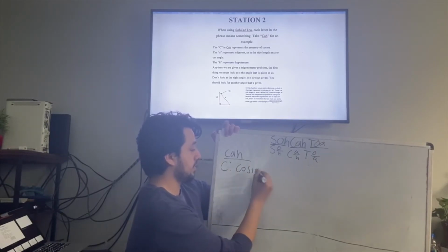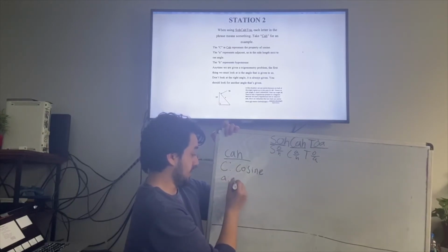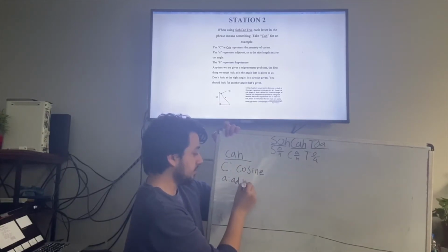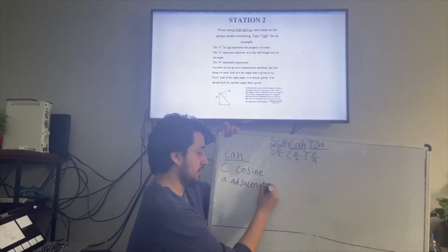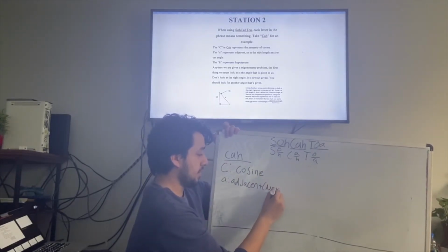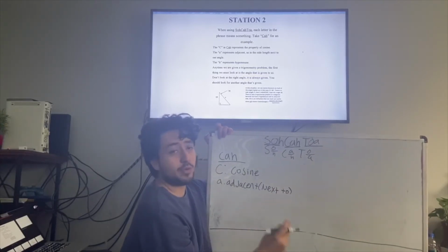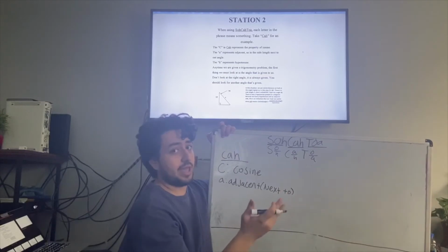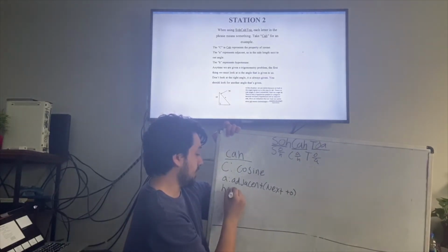And our A represents adjacent. And adjacent just means next to. By that, I mean whichever side length is next to the angle. And just as before, our H represents hypotenuse.